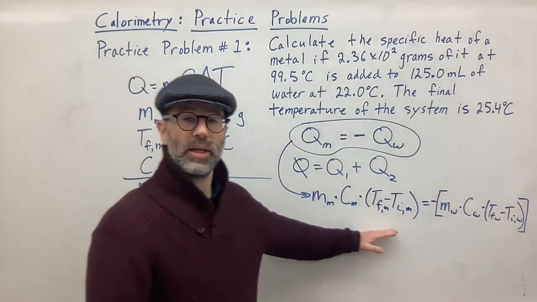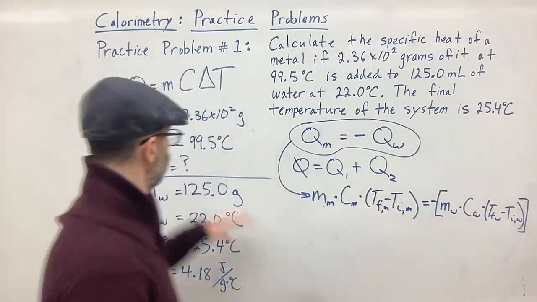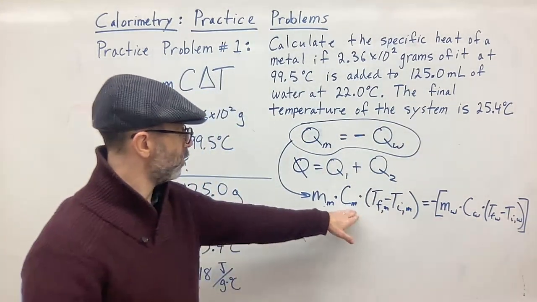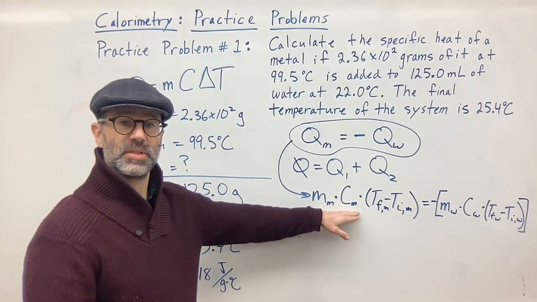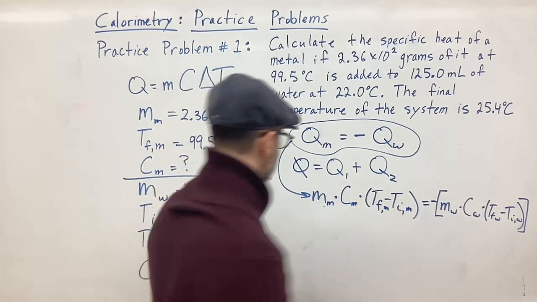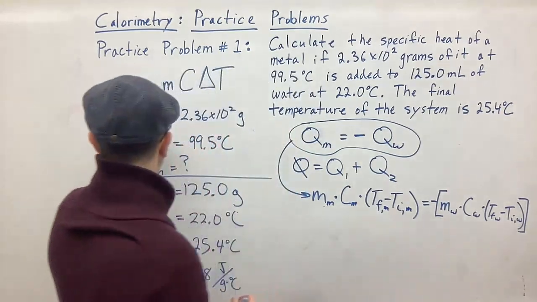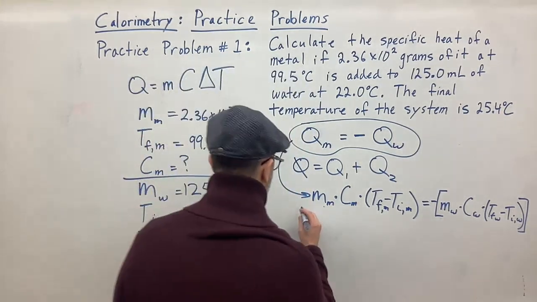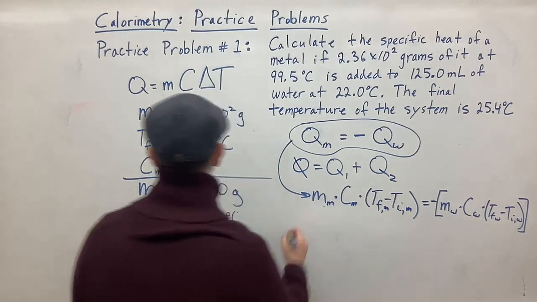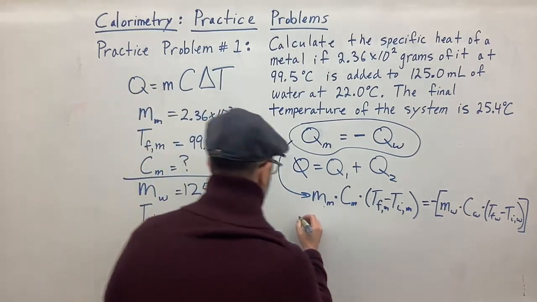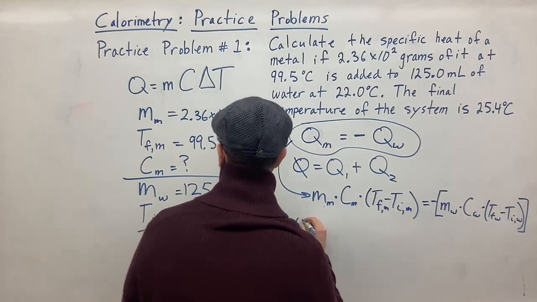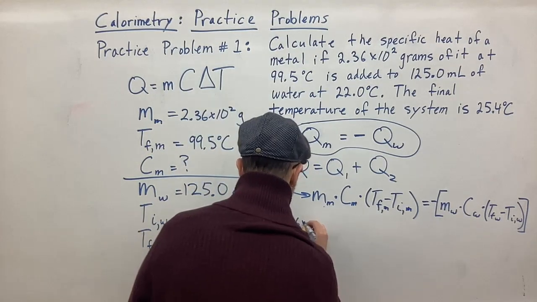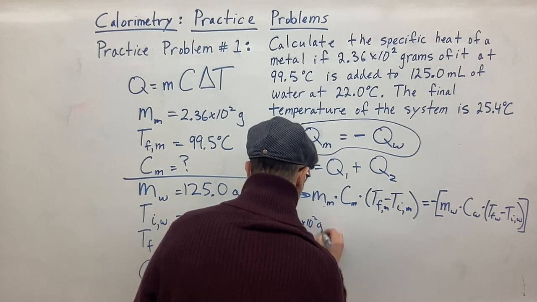Okay, so now all I need to do is plug in the values here and solve for the missing piece, which is the specific heat of the metal. So the mass of the metal is going to be 2.36 times 10 to the 2 grams.